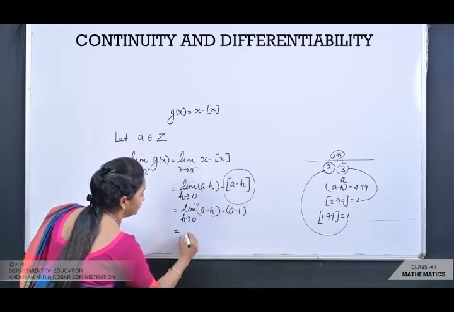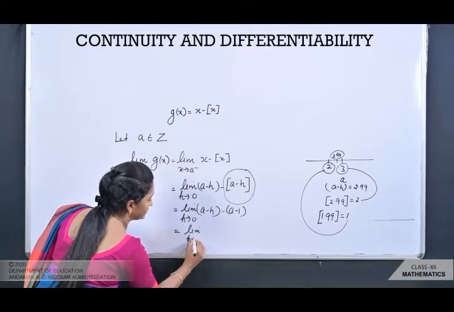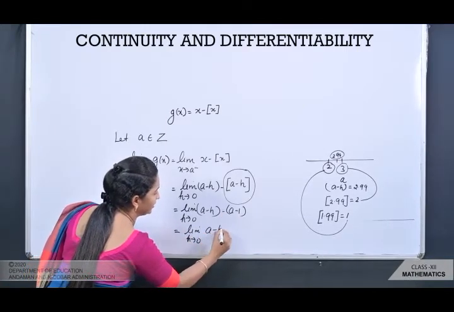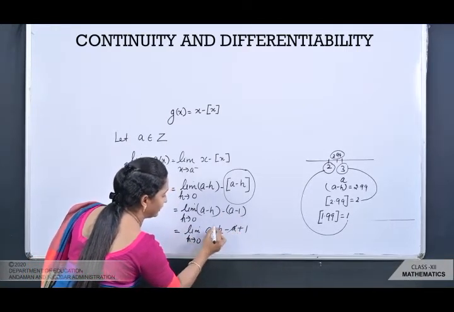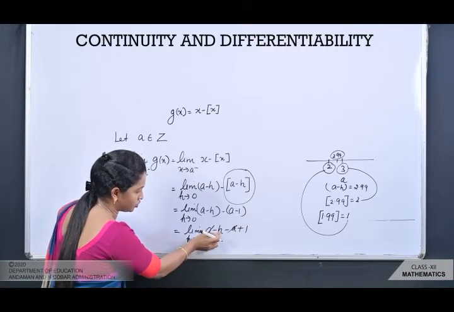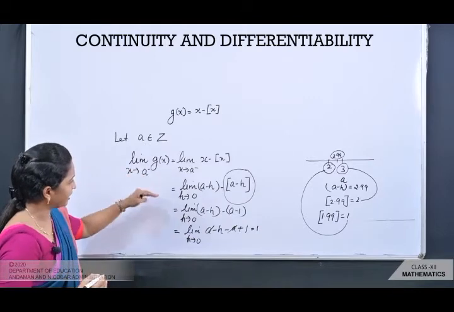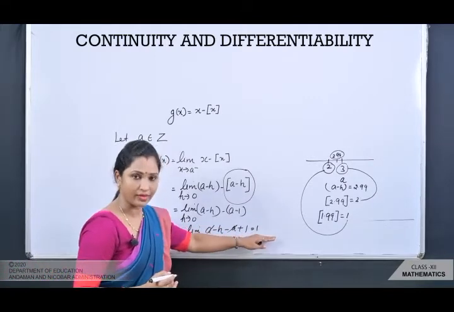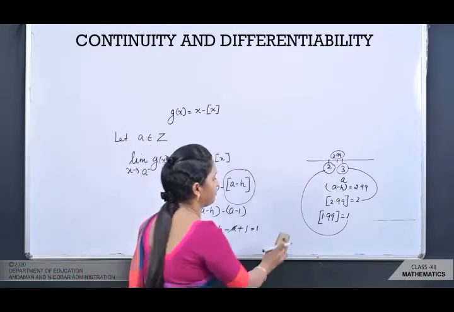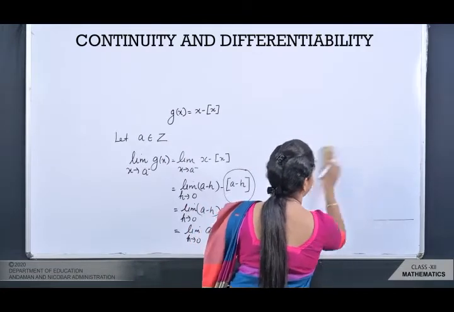What I'll do now, limit h tends to 0, open the bracket, a minus h minus a plus 1, a gets cancelled out. When h tends to 0 you're going to get the answer as 1. So left hand limit you got the answer as 1. Clear children? Now we will find the right hand limit here.